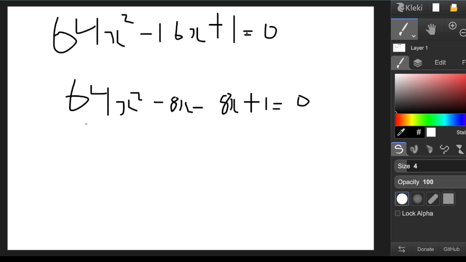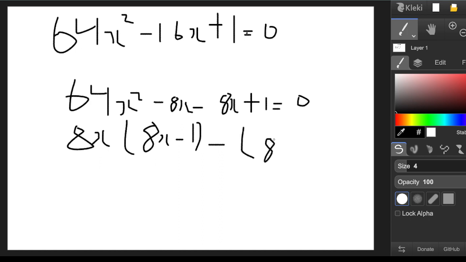And I can factor this as 8x times 8x minus 1, minus 8x minus 1. And you'll realize that, well, this is nothing but 8x minus 1 the whole squared.